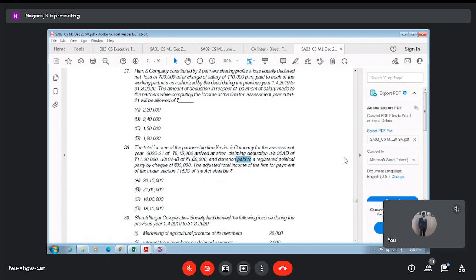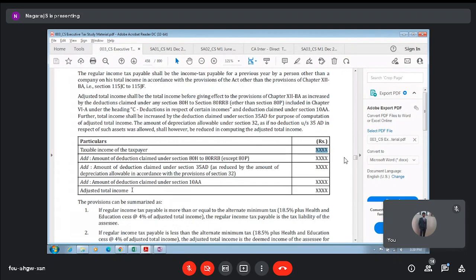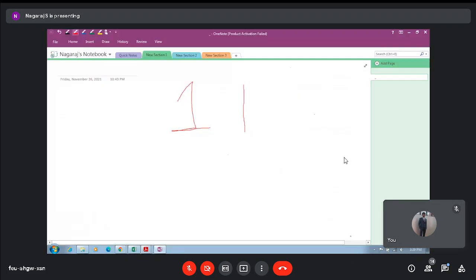So even that should be exempted, right? Not exempted, you should not add back. That means total income, add 35AD's deduction, add 80IB. You will get this one. Okay, sir. Understood.